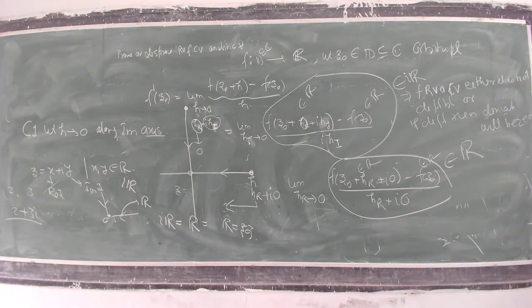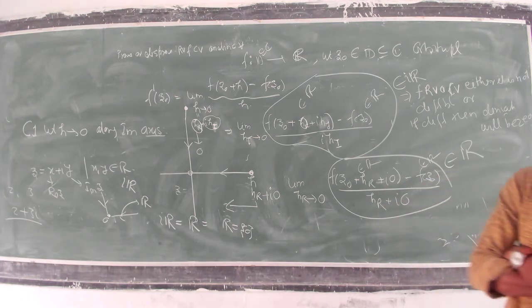So if I have a real valued function, then it may be differentiable, may not be differentiable. But if it is differentiable, then its derivative will be 0. Alright, everyone? Because iota R cannot be R.